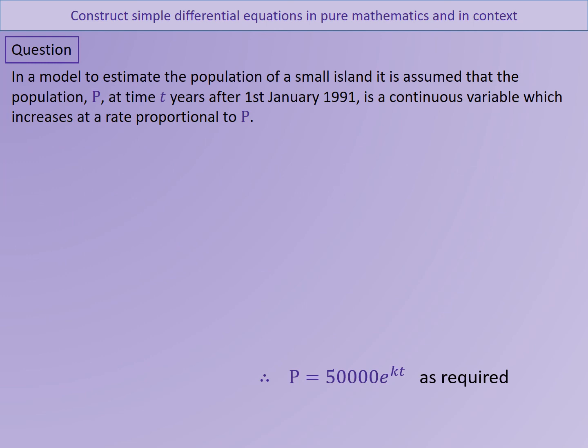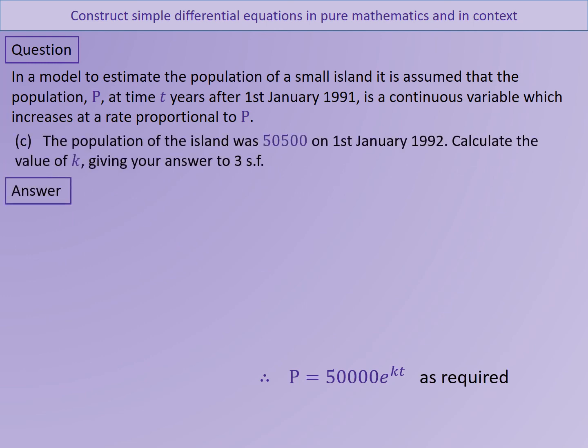So can I use that and hopefully answer the next part of the question? Let's have a quick look. The population of the island was 50,500 on the 1st of January 1992. From that, can you now calculate the k value? Right, so they're giving me this extra bit of information, and what I can do is the same as what I did a minute ago and substitute in the two values.